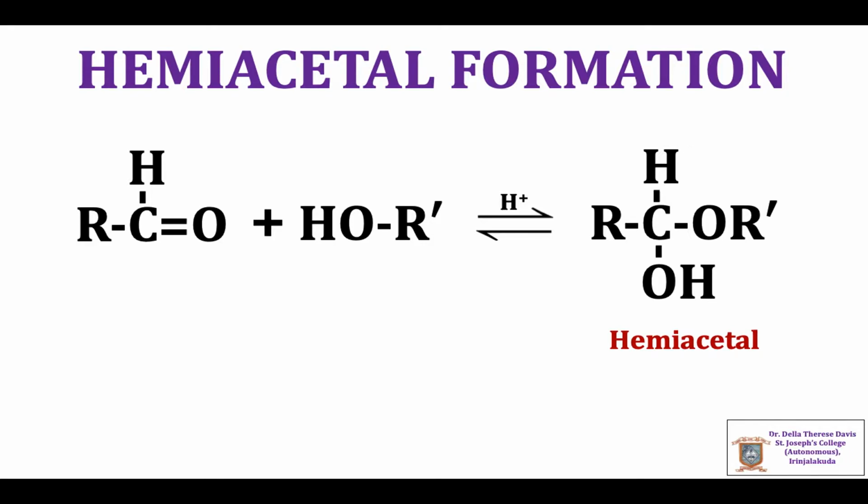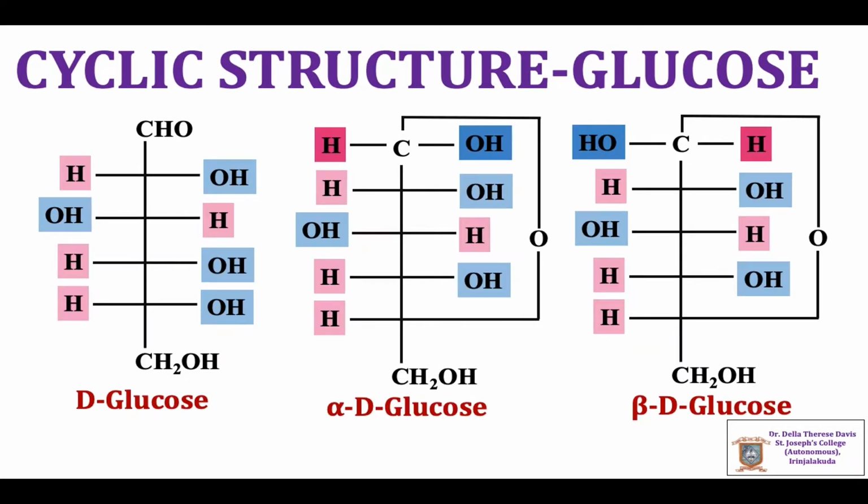So, the general equation is RCHO plus ROH giving the addition product RCH(OH)OR. This is the structure of hemiacetal. If we consider D-glucose, it has a CHO group and many OH groups.